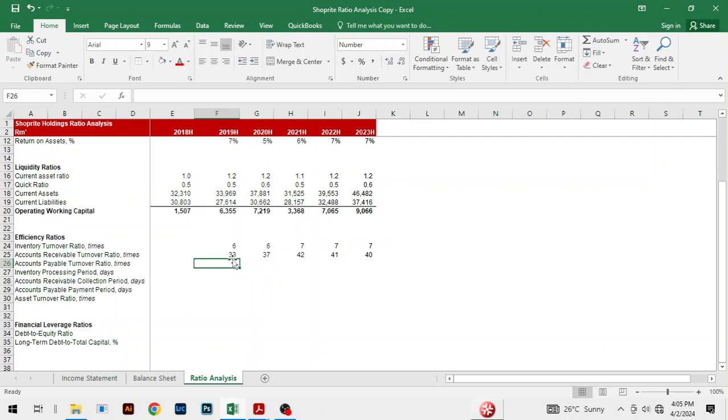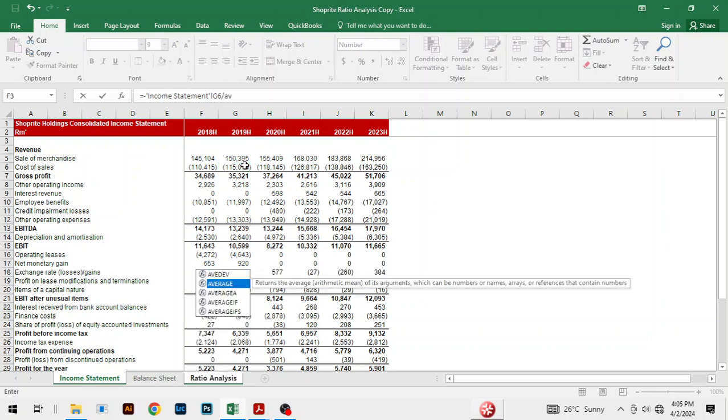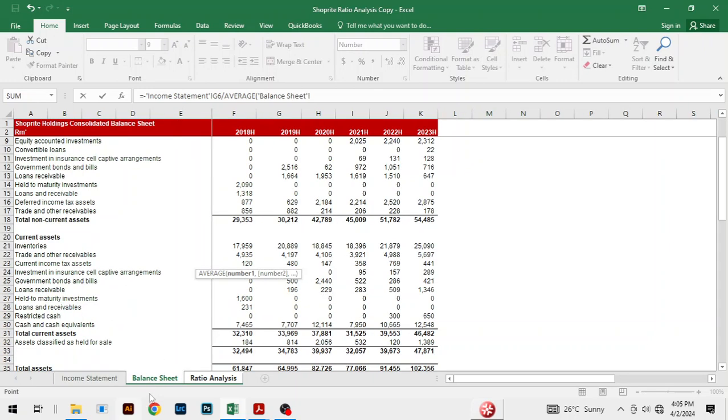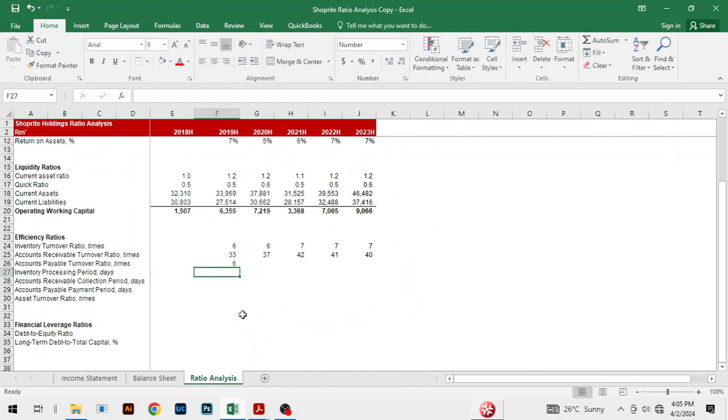And let's see how many times they pay their suppliers. Okay, so we use cost of sales again for 2019. Okay, so we divide that by average trade and other payables here. Okay, so we just copy that to the right. Perfect.